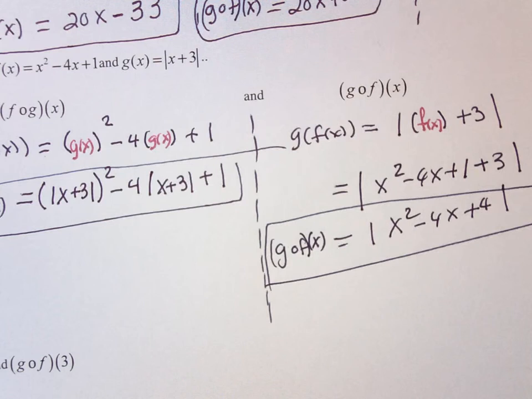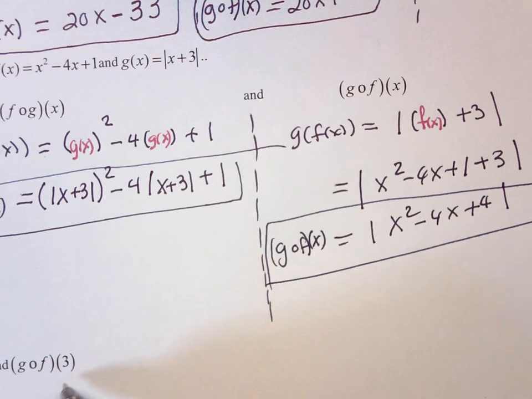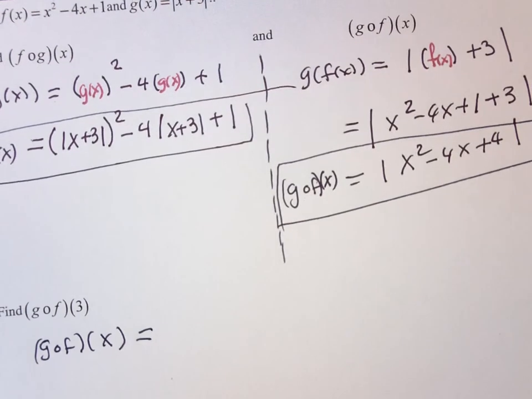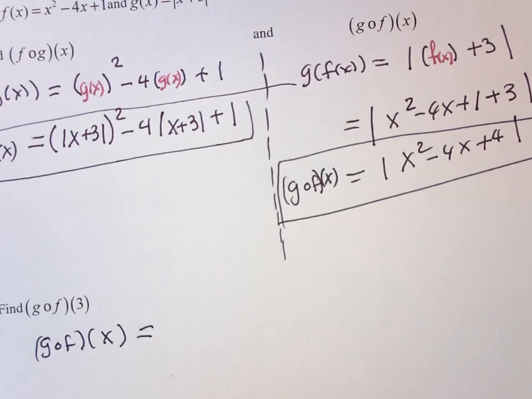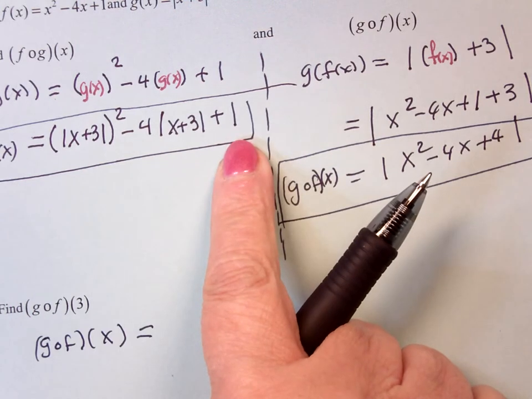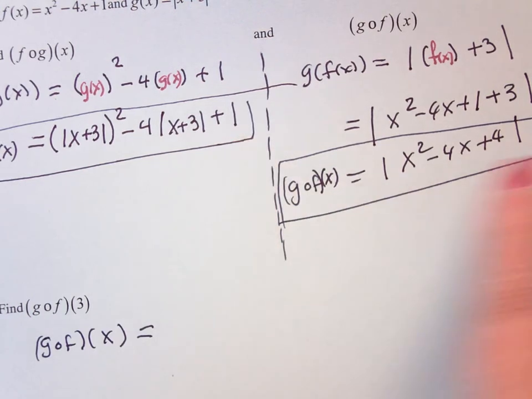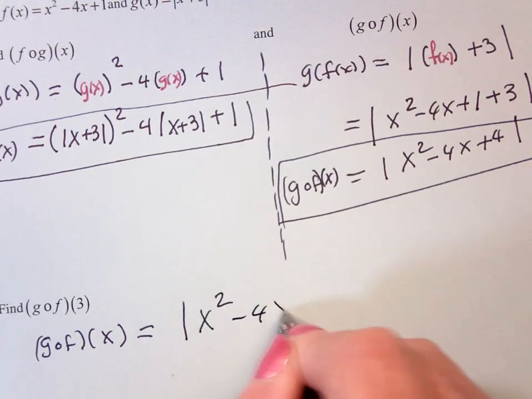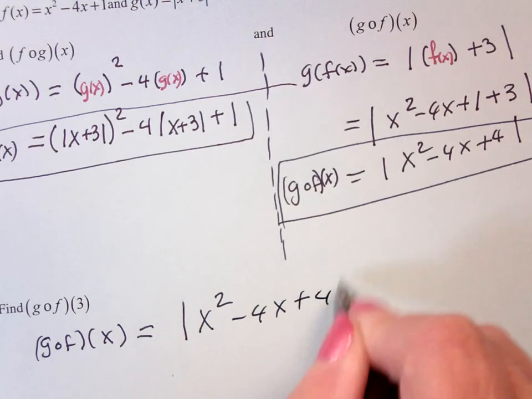Not exciting. Now we want to find g o f of 3. Well, g o f of x is this mess up here, which is the absolute value of x squared minus 4x plus 4.